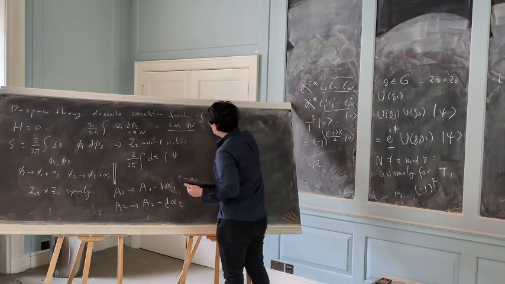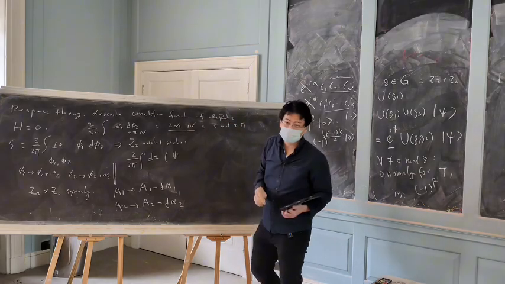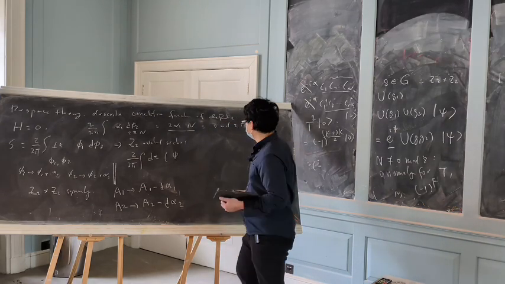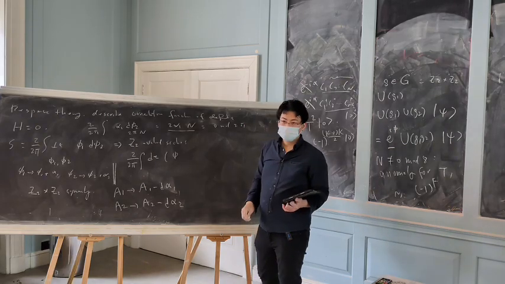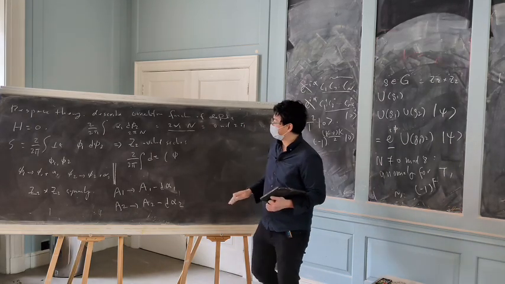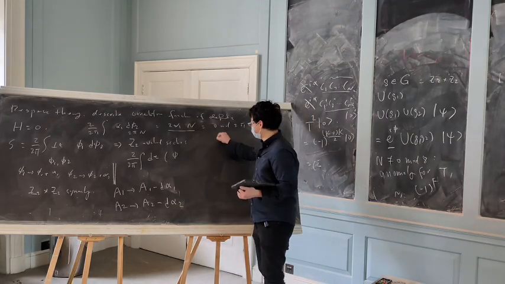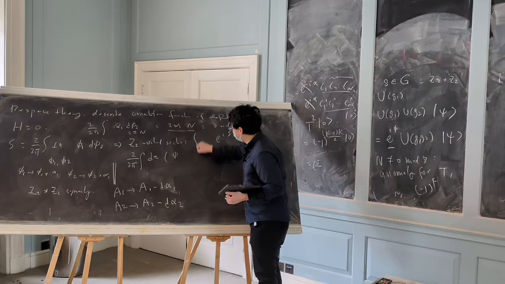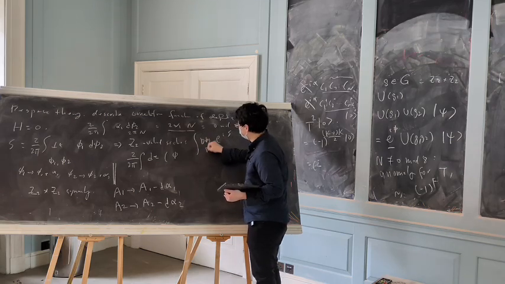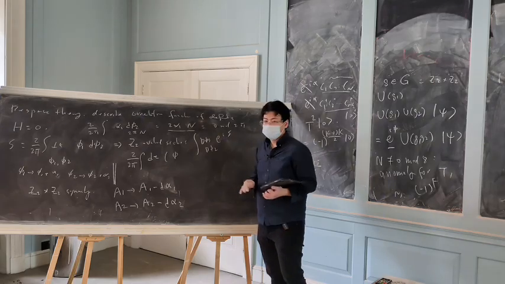So you want this thing to be 0 mod 2 pi. Then what's the condition on alpha 1? Recall that the action appears in your path integral as e to the i S, with the measure d phi 1, d phi 2, and then e to the i S.